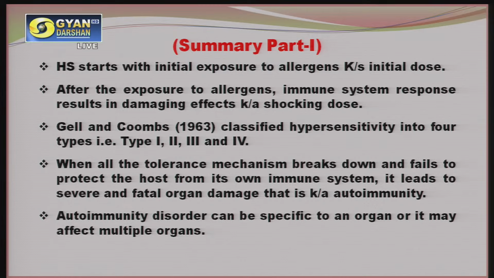And when all the tolerance mechanisms break down and fail to protect a host from its own immune system, it leads to severe and fatal organ damage that is known as autoimmunity. Autoimmunity disorder can be specific to an organ, or it may affect multiple organs.